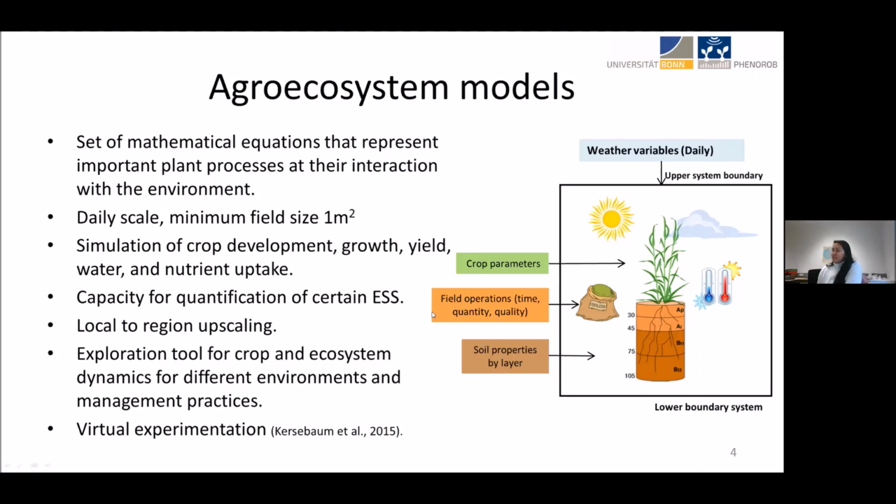Other field operations include whether irrigation is applied, how much, and what is the frequency. And then also the soil properties by layer, which is also a very important input data for the models. Basically, we need the soil properties by layer in terms of soil texture, pH, soil carbon, and water properties of these soils.